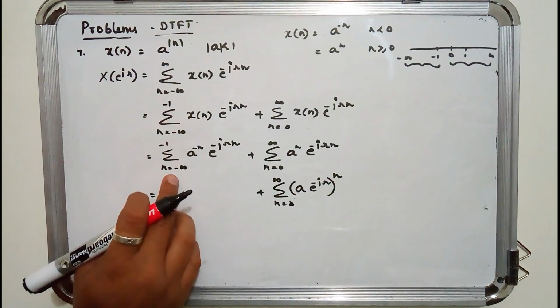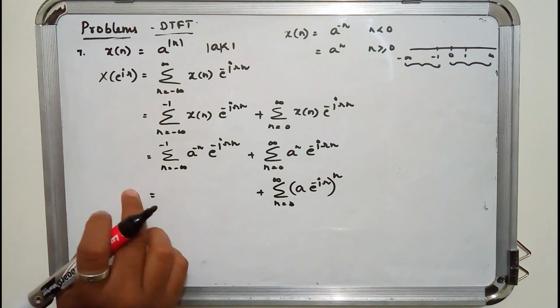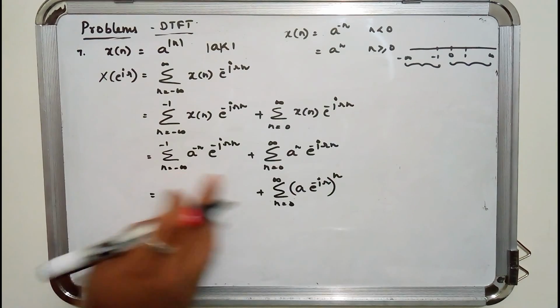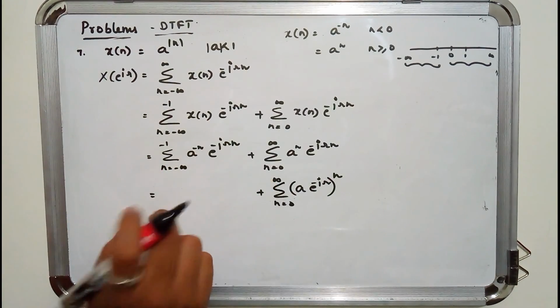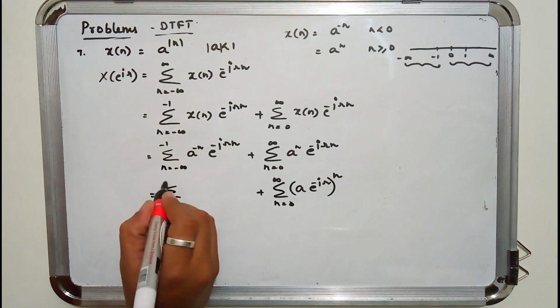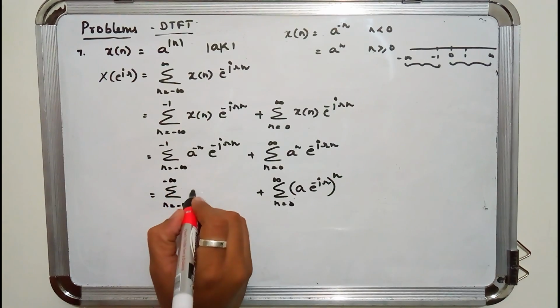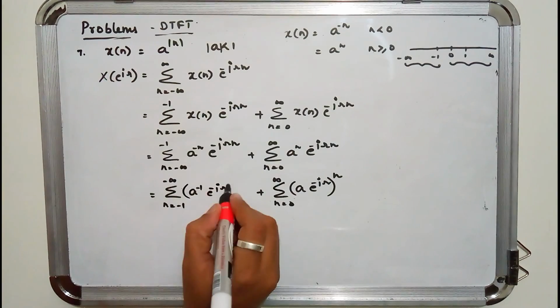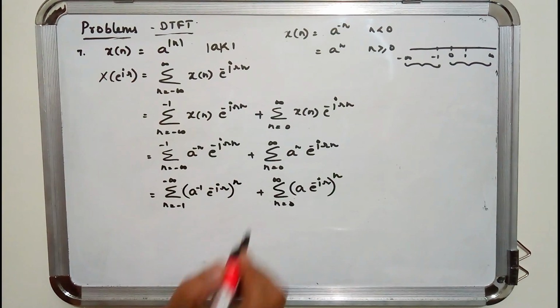So we need to convert this summation from 0 to infinity. First of all, I need to have infinity in my upper limit. So I'll change my limit, that is n is equal to minus 1 to minus infinity of a inverse e power minus j omega, all power n.